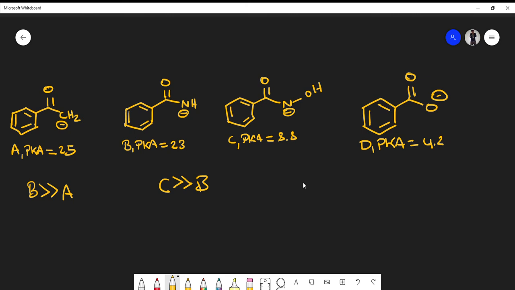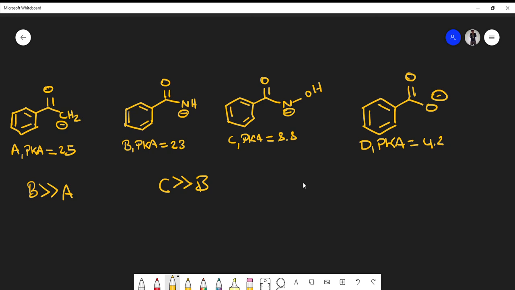Whereas in B, yes, we do have the negative charge on the nitrogen. Now remember, we both have a ketone group, but it's two carbons away, so it's not directly adjacent, right?